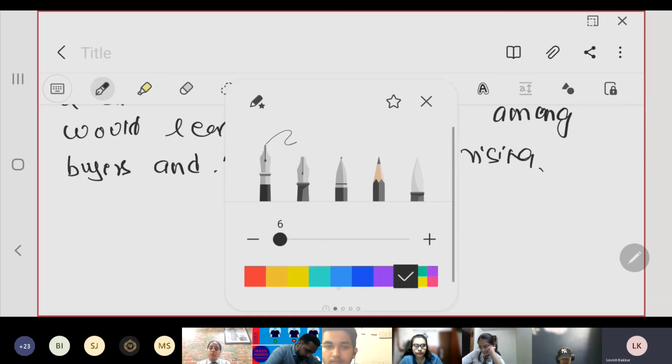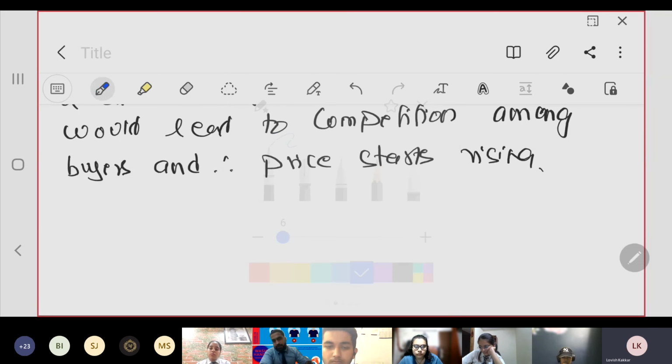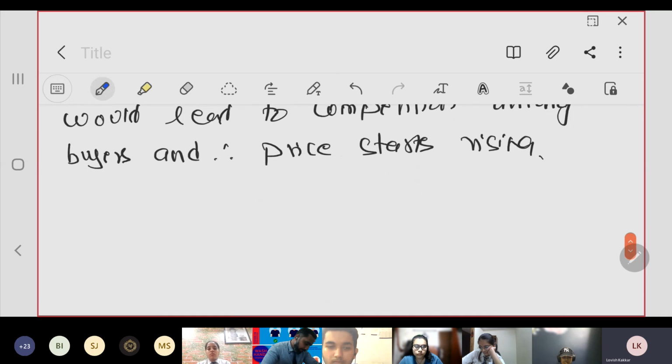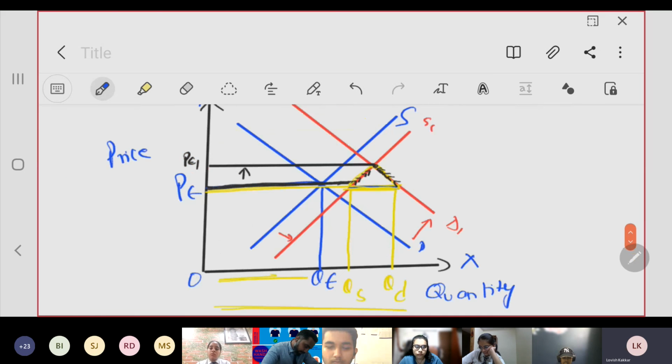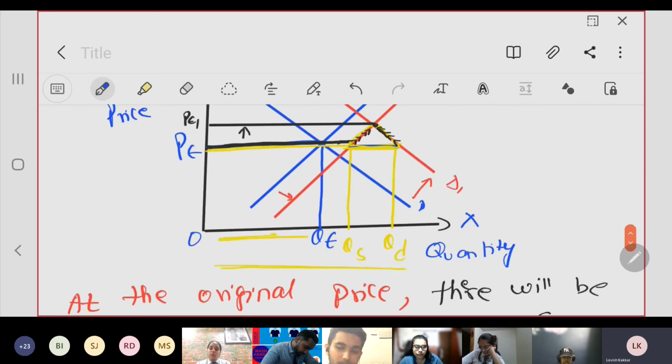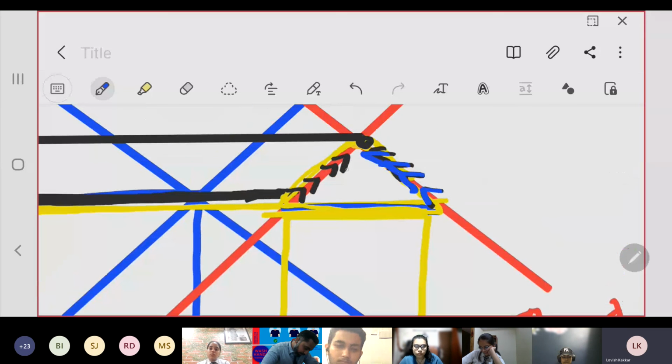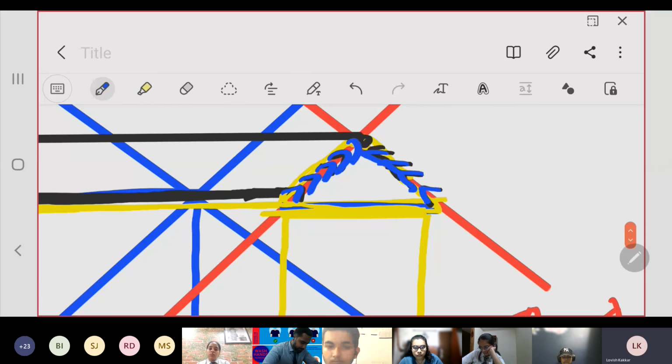Now, already done in the diagram, and we also know whenever there is an increase in price, demand starts falling and supply starts increasing. And this is what we've done. Demand starts moving back. Supply starts moving forward or up.